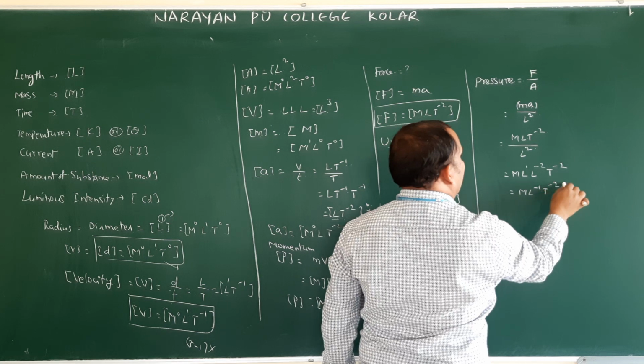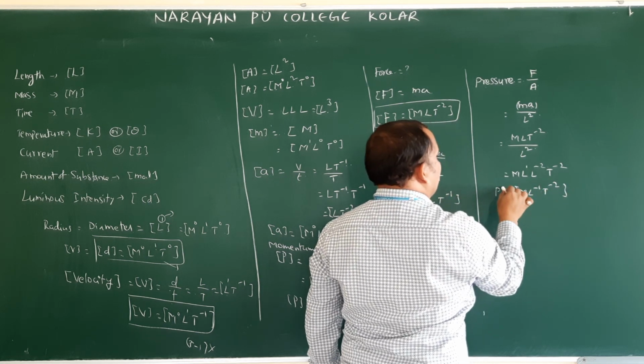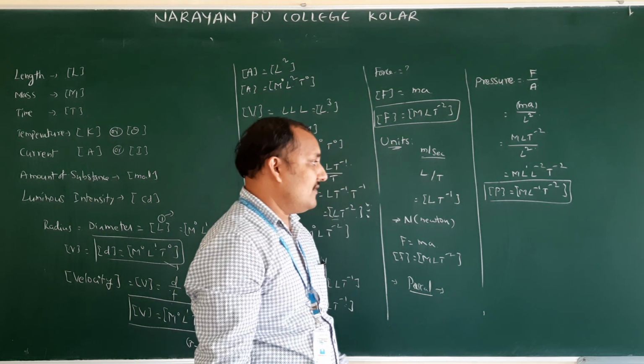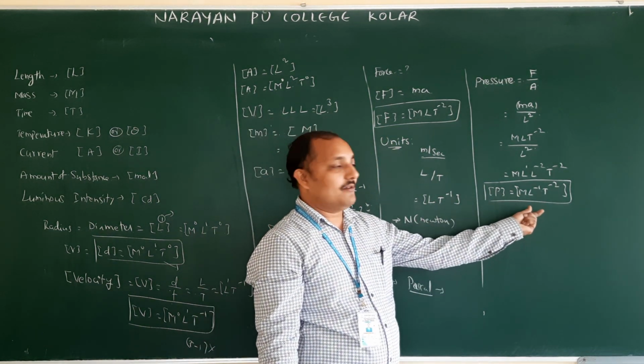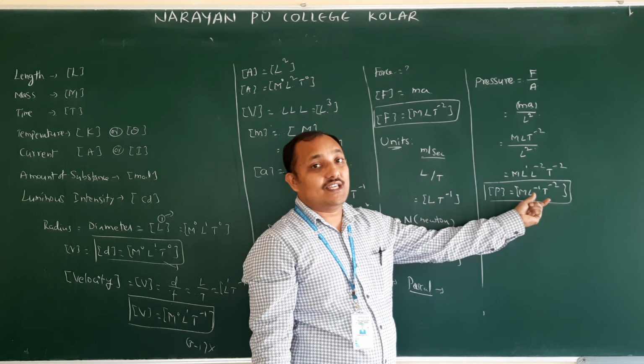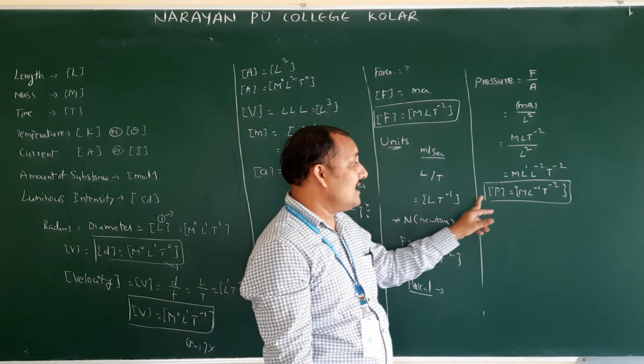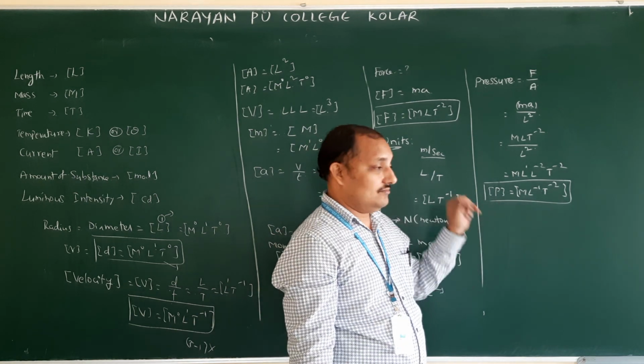L power minus 1 t power minus 2 is the dimensional formula for pressure, and so the dimensional formula for Pascal as well.